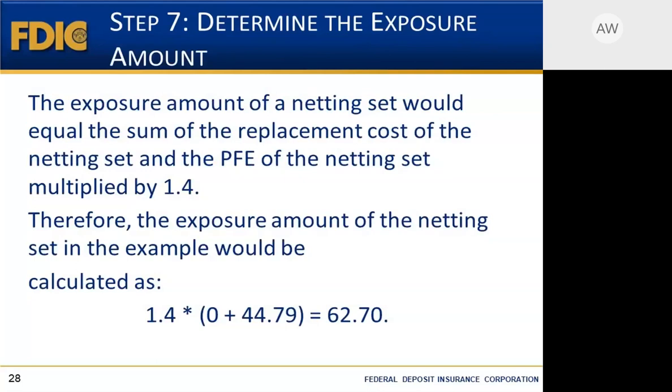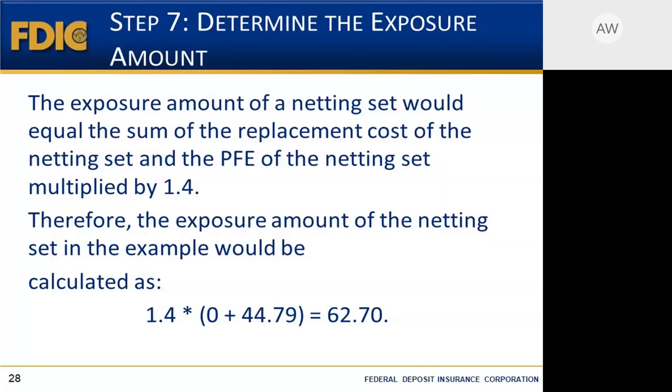Putting it all together gives us the number of 62.70. If those swaps are entered into with counterparties which are commercial end users, then the value 1.4 turns into 1, and as a result, the EAD will be 44.79.